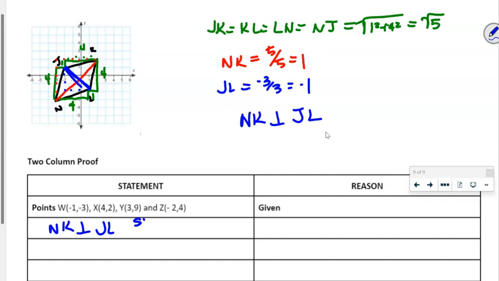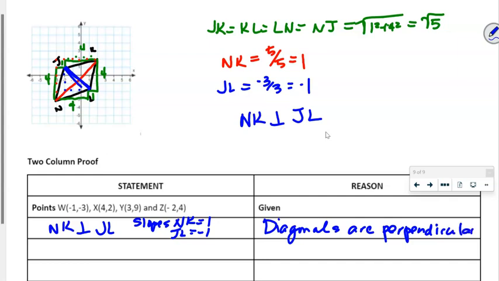So the slope of NK was equal to 1, and the slope of JL was equal to -1, right? So they're negative reciprocals of each other, right? So the diagonals are perpendicular. I can't spell today either. Okay, that's enough to prove that this is a rhombus, okay? Or we could have said all four sides are equal, right? Either one.